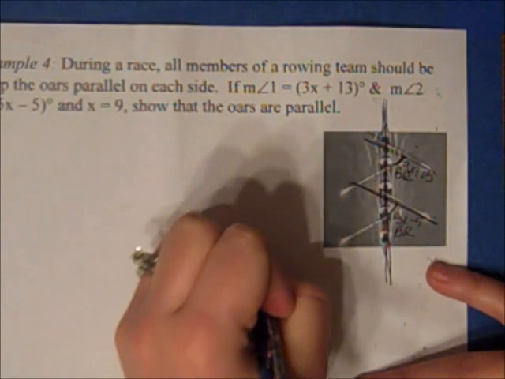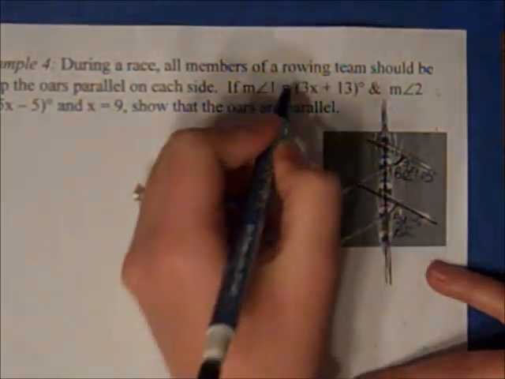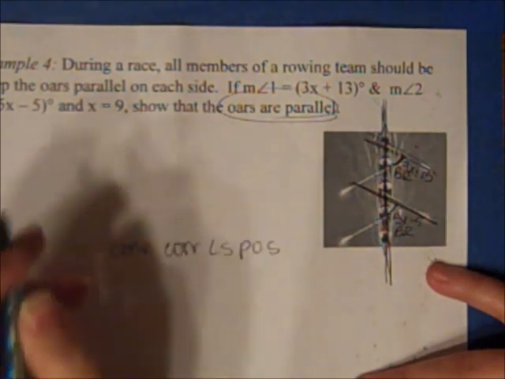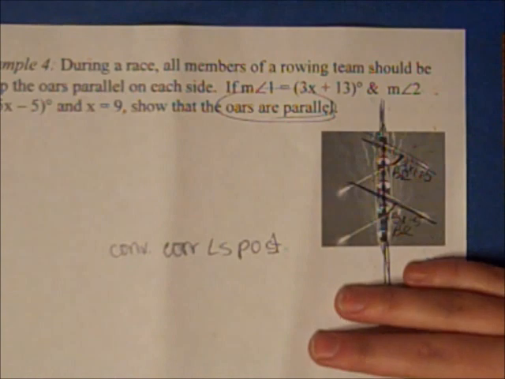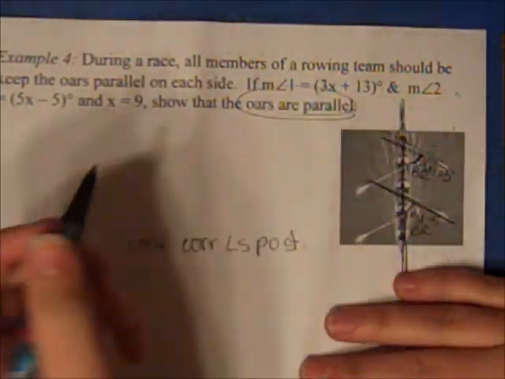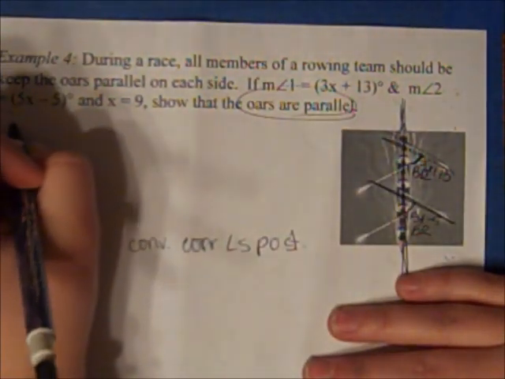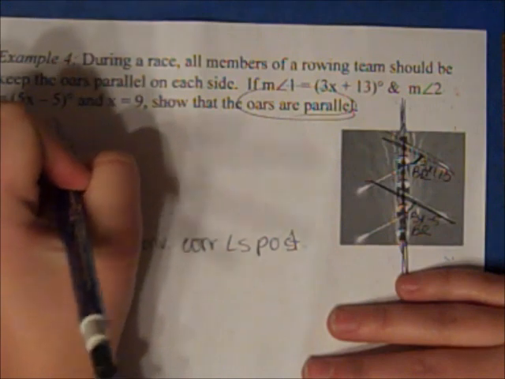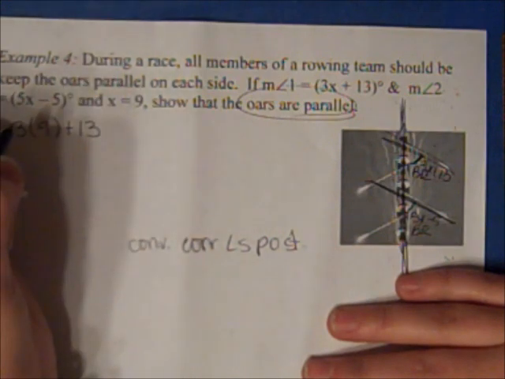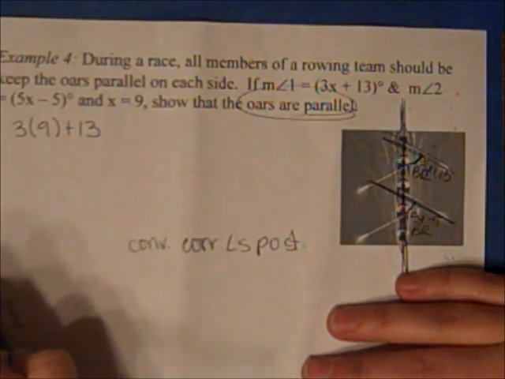corresponding angles postulate. I'm proving that lines are parallel, so I'm going backwards, so that would be converse of the corresponding angles postulate. Now, let's see if it works out. So, corresponding angles I'm hoping are going to be congruent, so let's see, 3 times 9 plus 13. Okay, so that would be 27 plus 13, that would be 40.